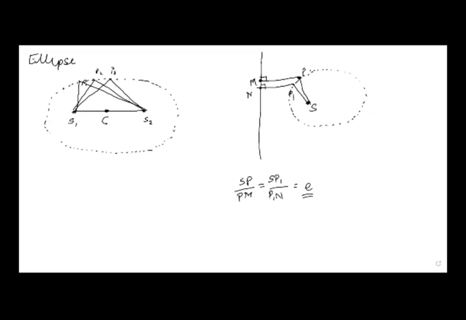Now we have two types of ellipse. One is having its major axis along the x-axis, and the other type is having its major axis along the y-axis. So how will you know whether the given ellipse has its major axis along the x-axis or the y-axis?